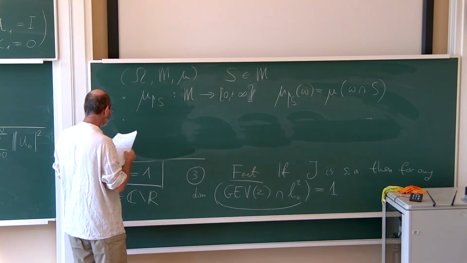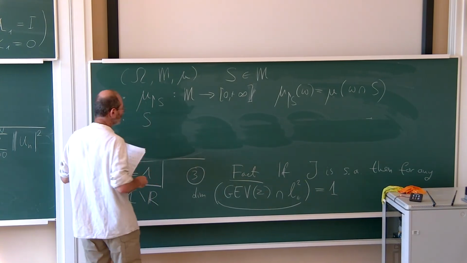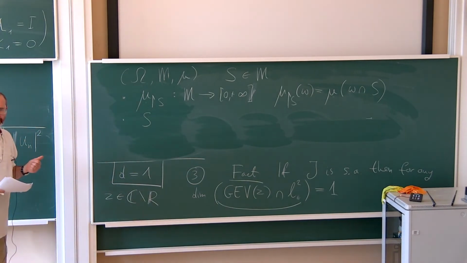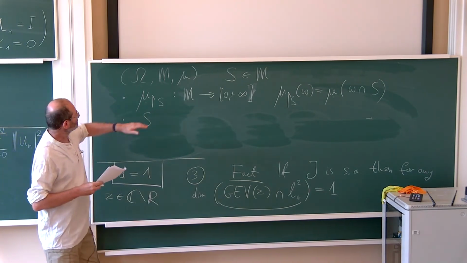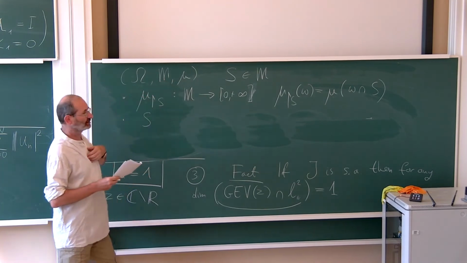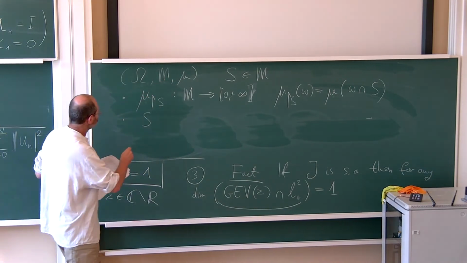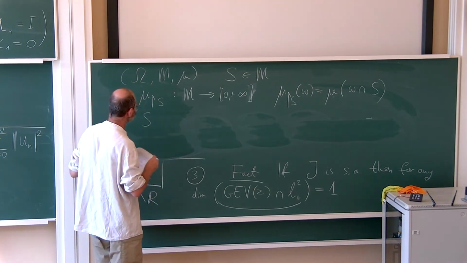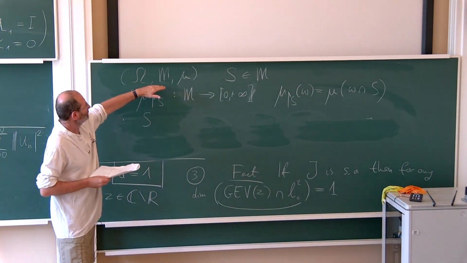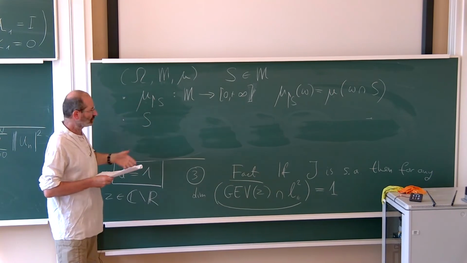Now, what is the support? There exists a notion of a topological support of a measure on a sigma algebra which is generated by a topology. But this is another notion. This is strictly a measure theory notion.